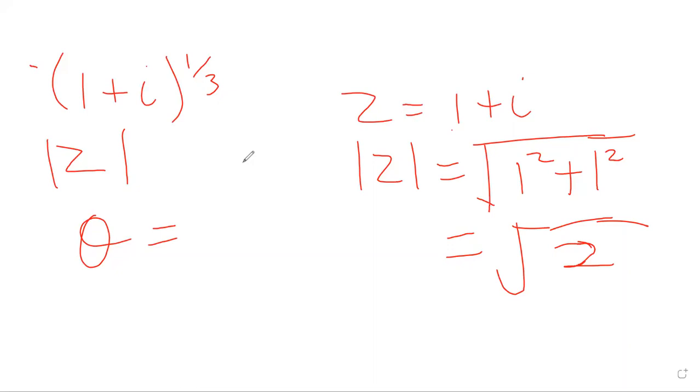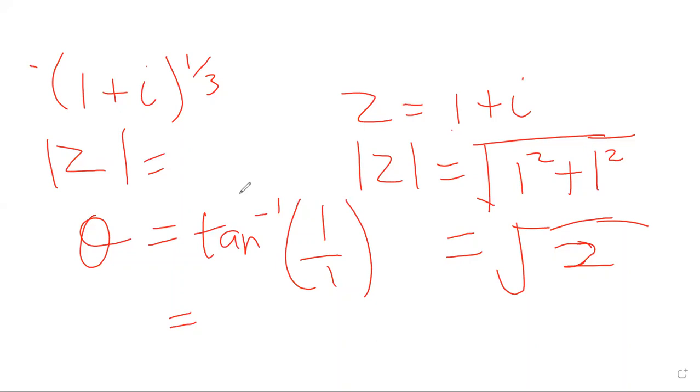Because both are positive, our principal argument will just be tan inverse of 1 over 1. So tan inverse of 1 over 1, if you're using normal angles, is 45 degrees.